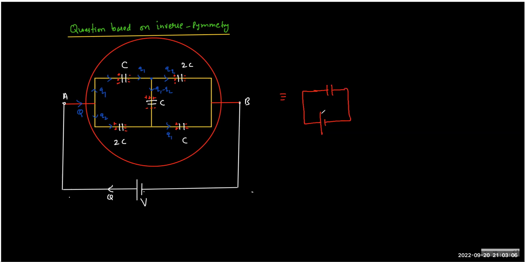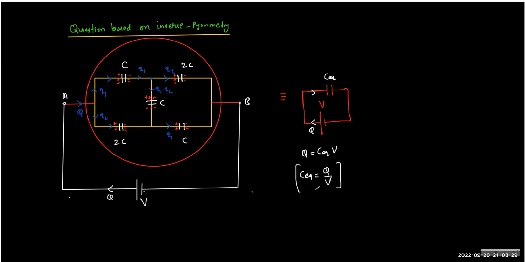Yeah. And because this is V and Q, we can always write Q equals C into V. So we can write the C equivalent as Q by V. So we employ the Q by V method to get the C equivalent.